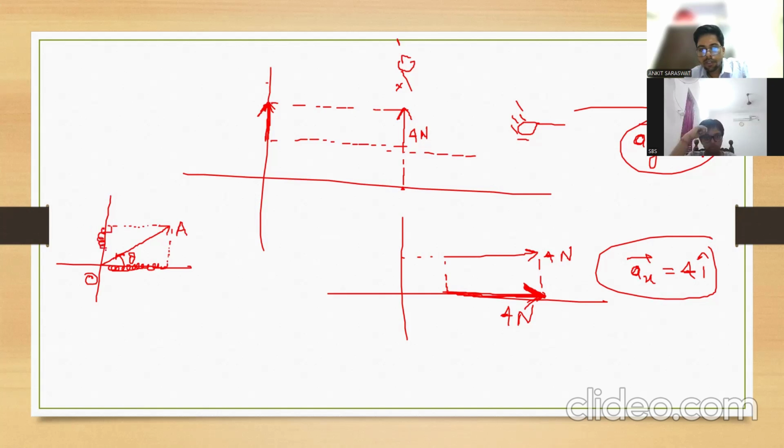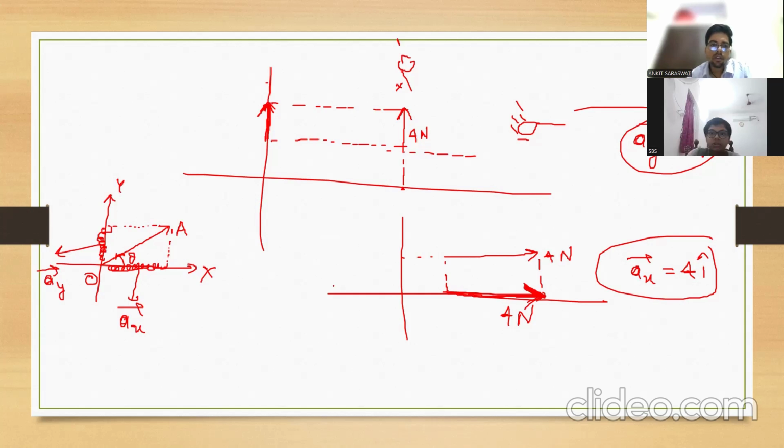This is the shadow on the y-axis. This is Ax. This is Ay. Clear?